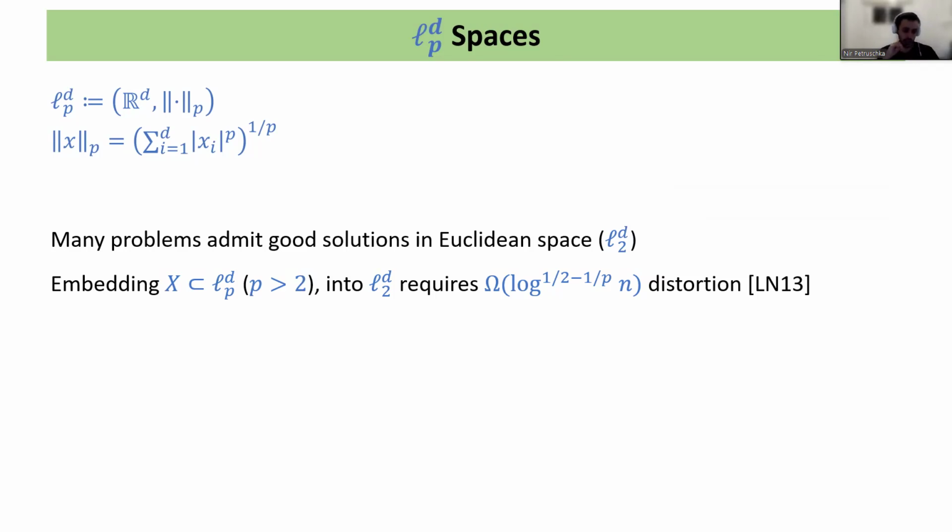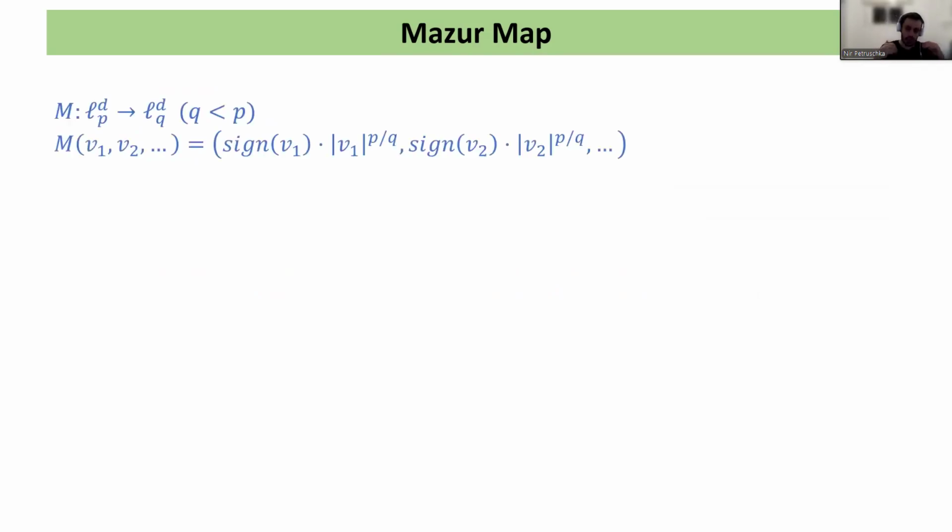reduction scheme. Okay, so the actual mapping that we are going to use is called the Mazur map. And it is a very simple mapping that maps LP to LQ. So for now, think of Q as being just L2, but I want to state it in the more general form as we'll actually use it later. So the mapping maps vectors in a very similar manner.